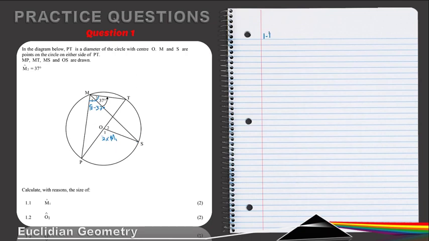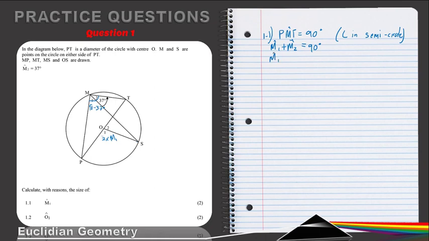So for 1.1, we have that PMT is equal to 90 degrees because it is angle in semicircle. Right, and then we can say that therefore angle M1 plus angle M2 will equal 90 degrees, and then I substitute in M2's value.